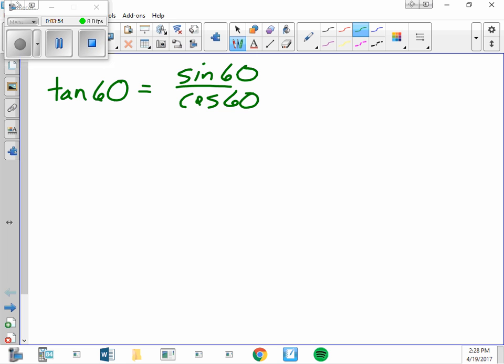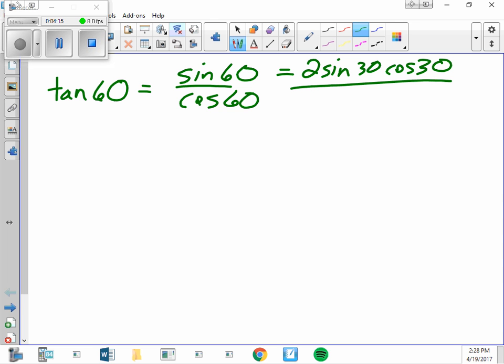And we need to use the double angle formula. Is there an angle that can be doubled to equal 60? 30. So we're going to take the sine of 30, this is equal to 2 sine 30 cosine 30.